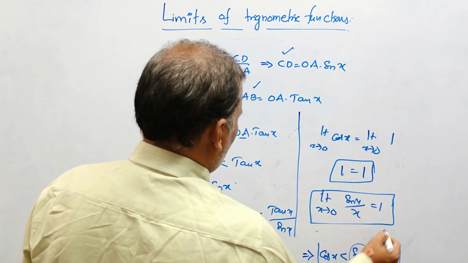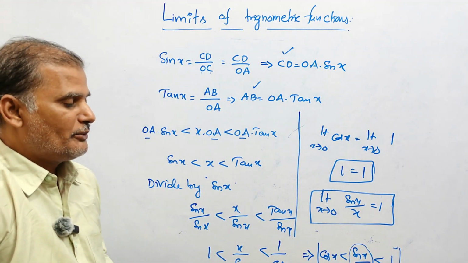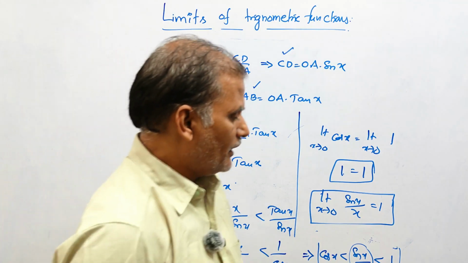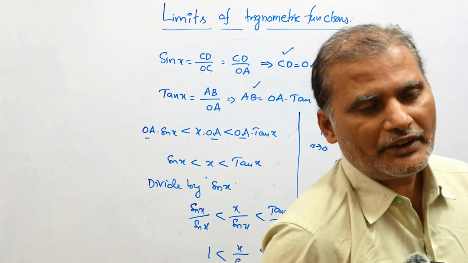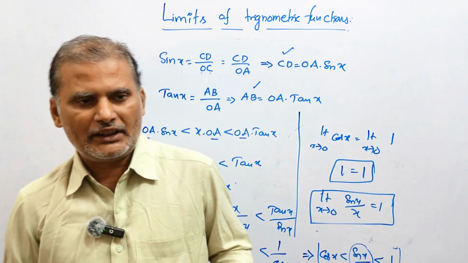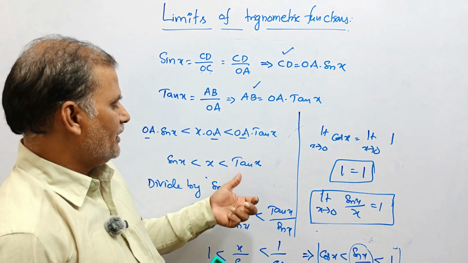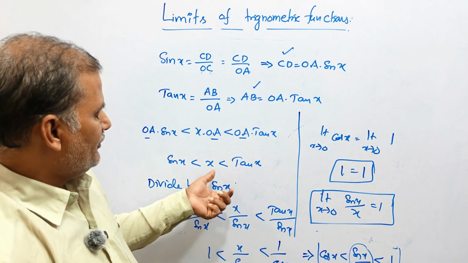This is a very important theorem, that is limits of trigonometric functions. While solving all the given limits of trigonometric functions, first this is the basic concept, sin x by x is equal to 1. Sometimes here we divide by x from this place.